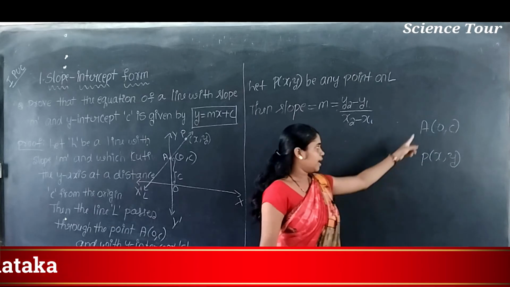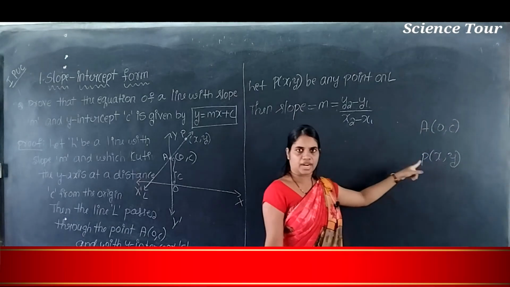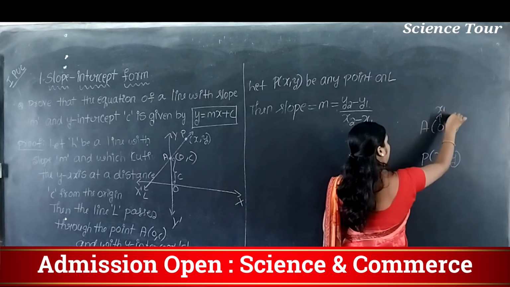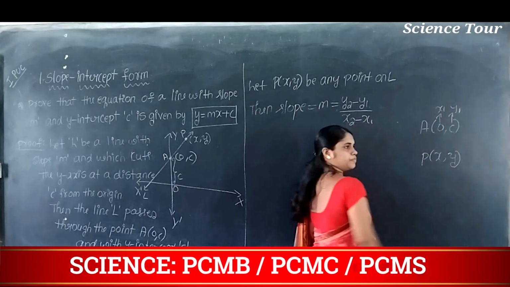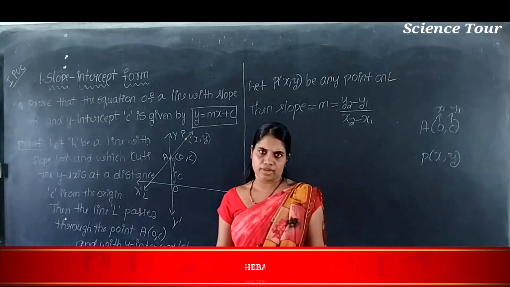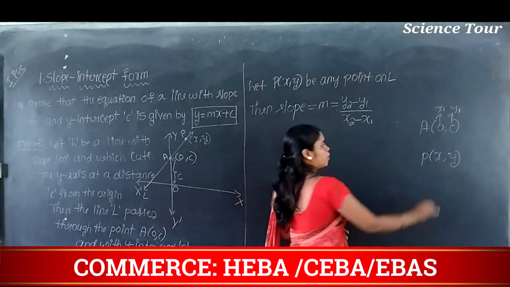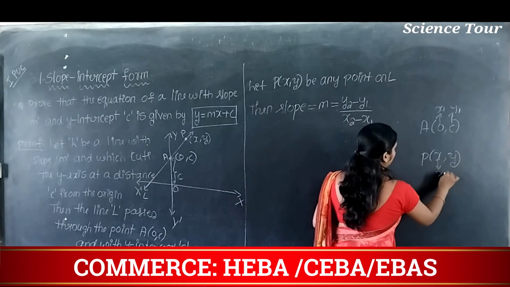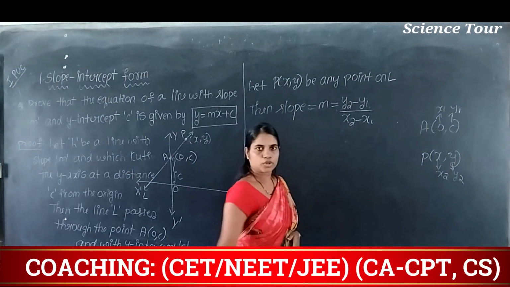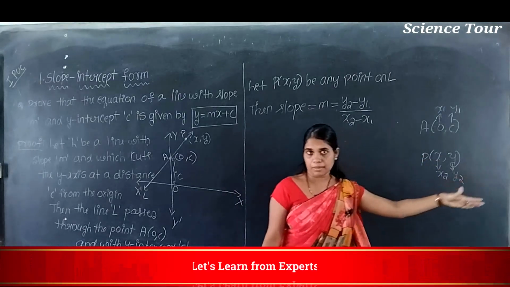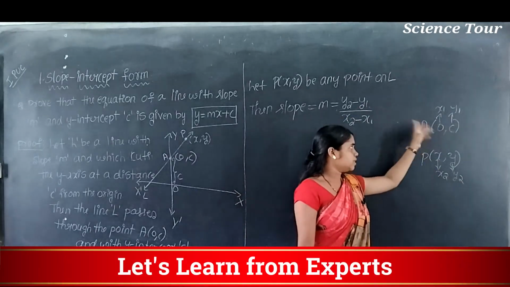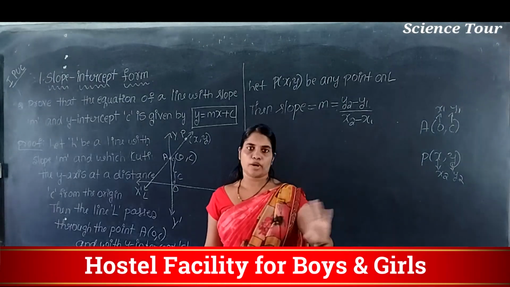Here point A, I'll consider as x1, y1. Next I'll consider point P as x2, y2. x2, y2 is nothing but the coordinate of this point P. x1, y1 is nothing but the coordinate of point A.